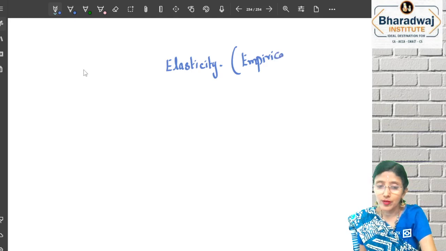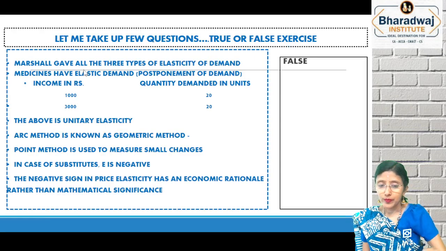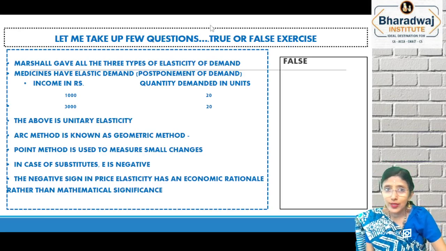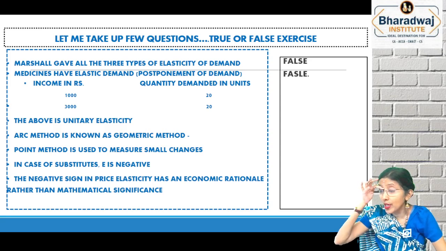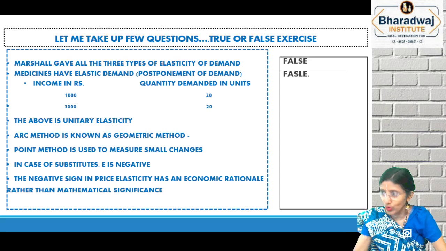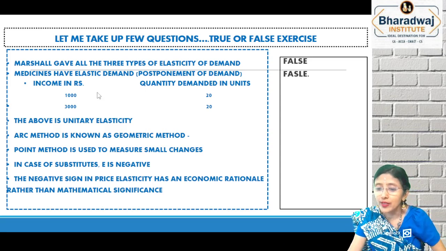What was the answer? False? Sure? Some of you are doubtful. Medicines have inelastic demand. So what is elasticity? Degree of responsiveness of quantity demanded to price changes. For medicines and all, you can't adjust according to price change. Your health needs. Right. Third one.